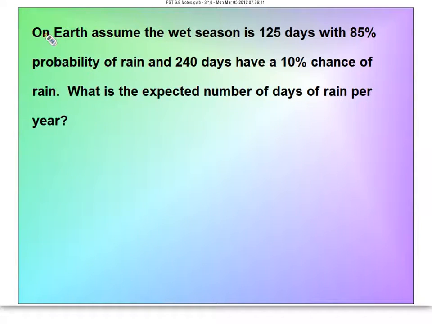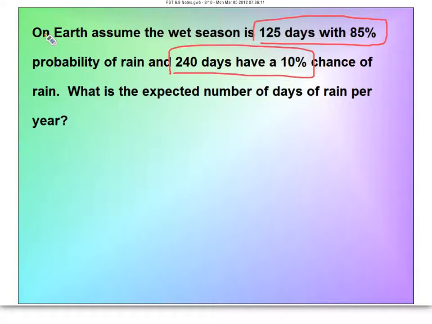Another one. On Earth, assume the wet season is 125 days with an 85% probability of happening and 240 days with a 10% chance of happening. What's the expected count of days of rain per year? Now this one's a little bit mixed. So we're going to have that it either rains or it doesn't rain. So remember when we hear the word "or," what that means in probability theory.